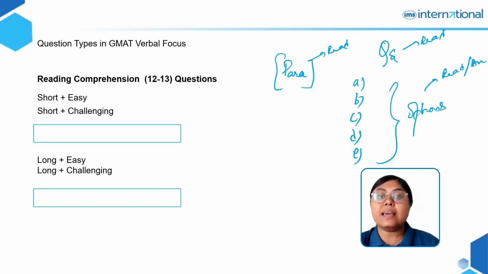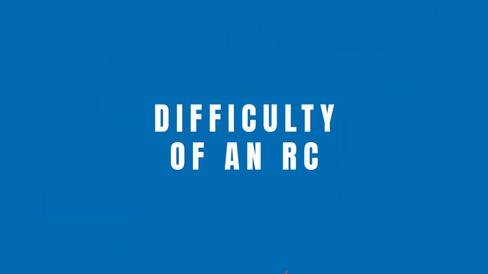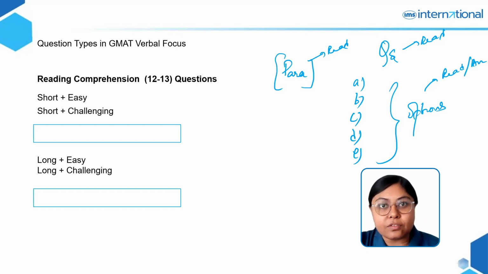Again, if you look at it carefully, I'm not going to get similar RCs, right? The paper is adaptive, so your ability and accuracy will determine what the next RC would be. Even if I start with an easy to medium RC at the beginning of the test, an RC that is short and easy may take approximately 3.5 to 4 minutes.